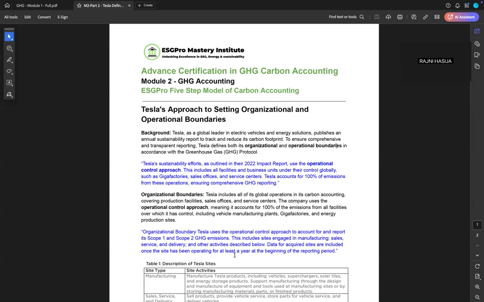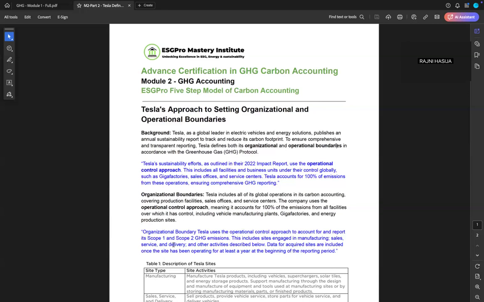They considered scope 1 and scope 2, which was within their control, and they also invested a good amount of money in renewable energy. All spheres, production, sales, service centers, from where they accounted almost 100% of the emission. The method they used was operational control.